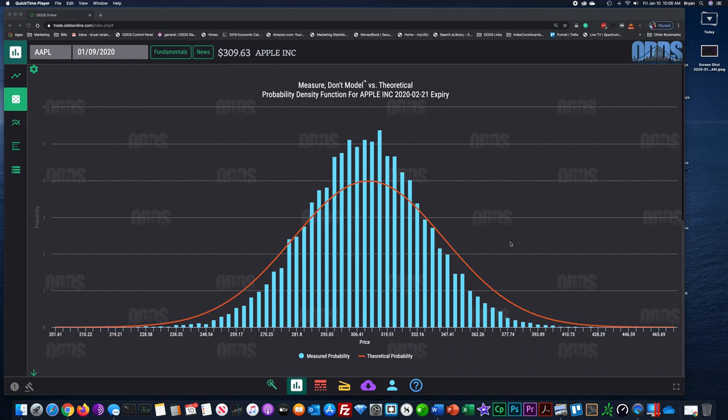Now, it's a lot more complicated than figuring out the average price of cars in your area or the average price of gas. Calculating the fair price of an option is a lot more complex because of the factors that affect an option's price.